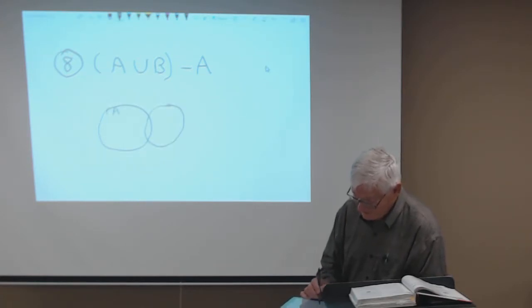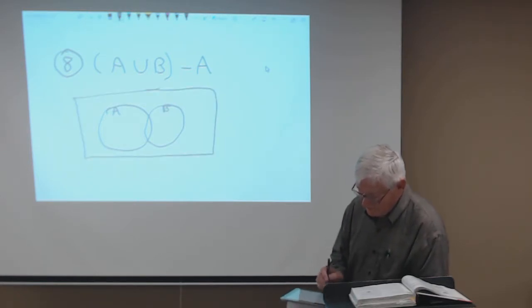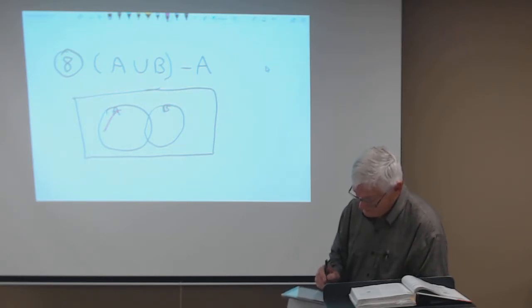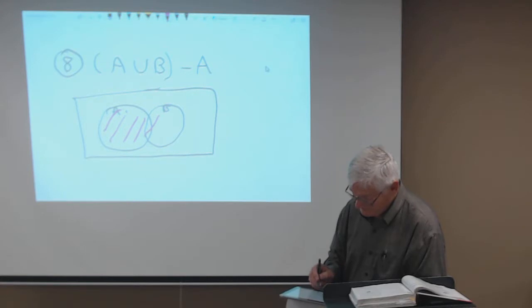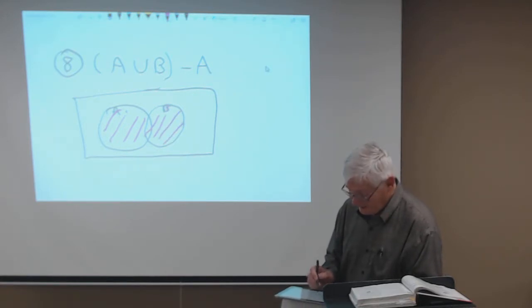Here's A, here's B. Put my universe around the outside. And the union of A and B, let's change that color, would be, right? Putting A and B together.